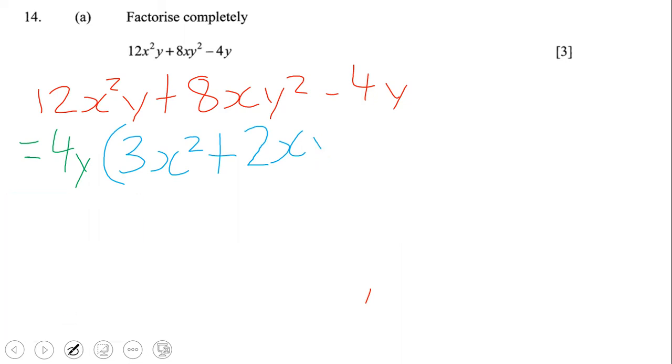The reason is that if you have a y here and a y there, that gives you y squared, and then all you need is the x, because there's no x out front. And 4 times 2 is 8.